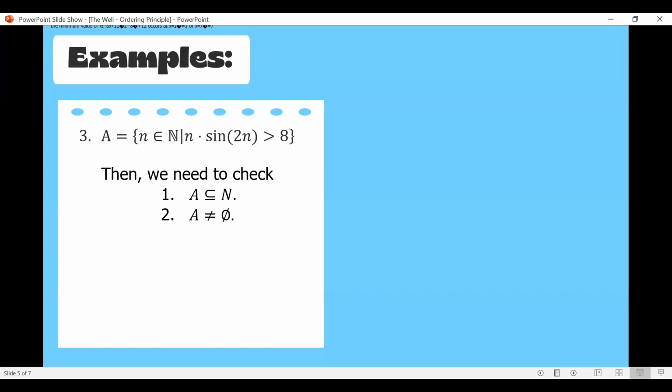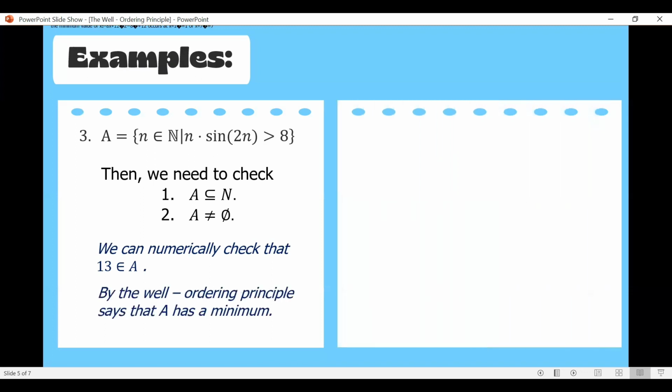Or, to make it fast, we can numerically check that 13 is really an element of the set. Simply substitute it to n and then solve, and you will come up with a value that is greater than 8. So by the well-ordering principle, the two conditions are satisfied, so automatically this given set has a minimum.